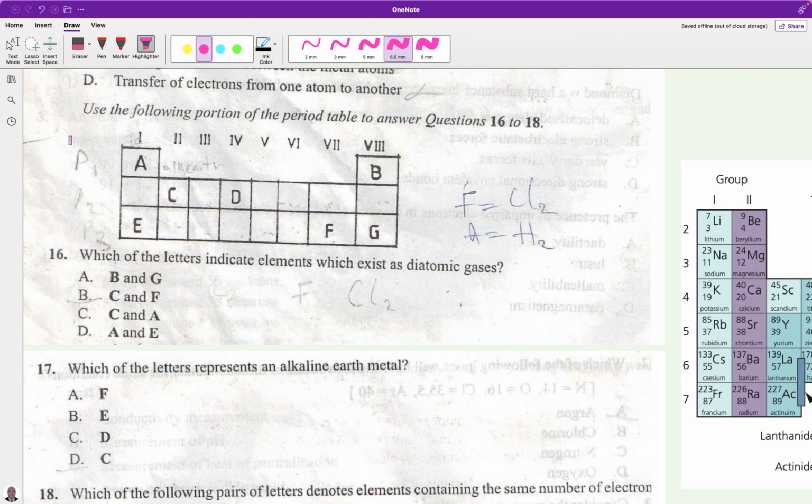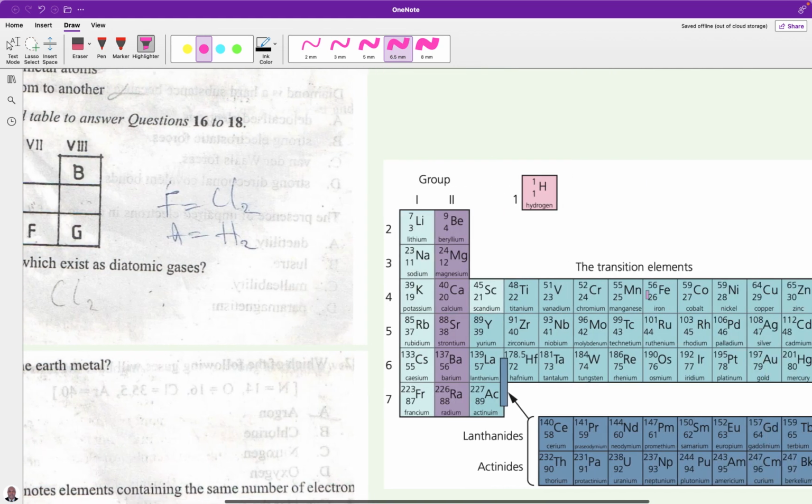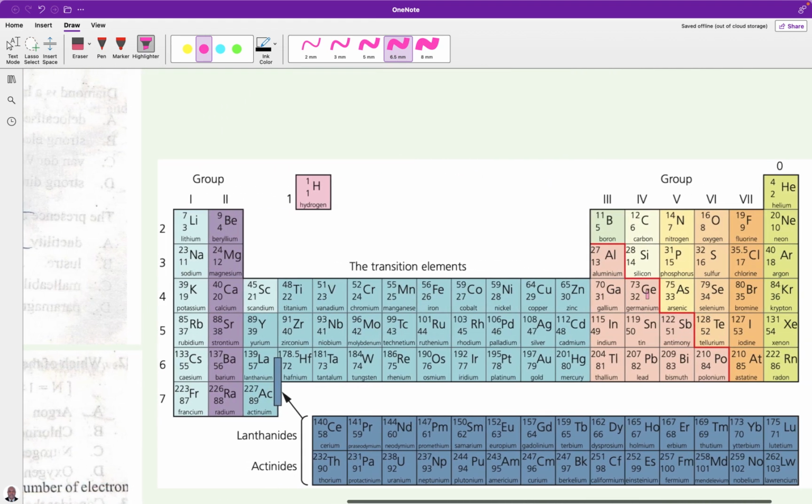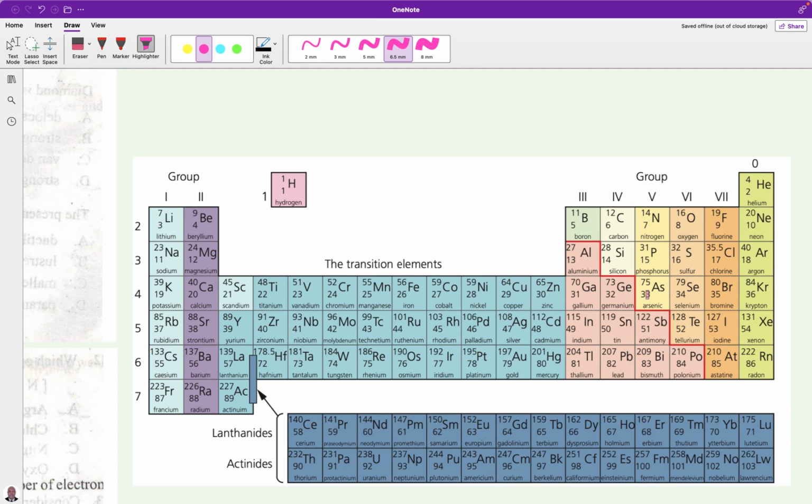Now, studying the periodic table, you should see that this is not period 1, of course. Period 1 starts with hydrogen and helium, and has only those two.